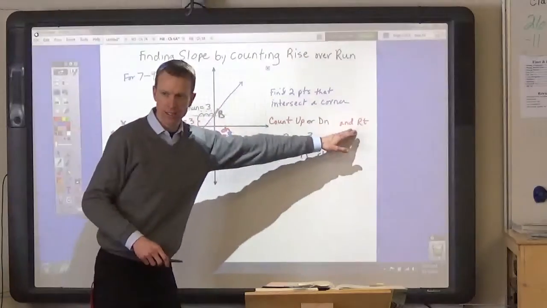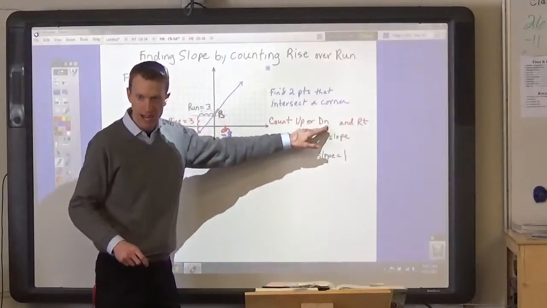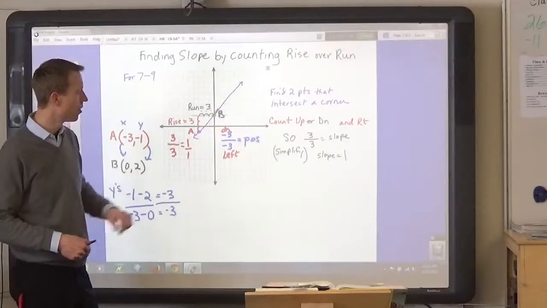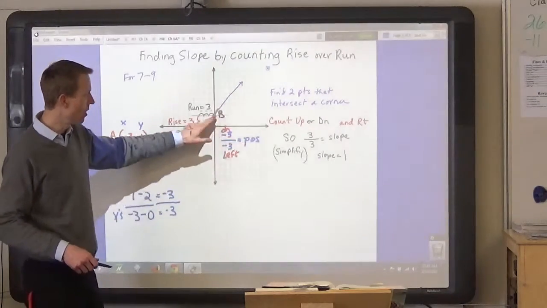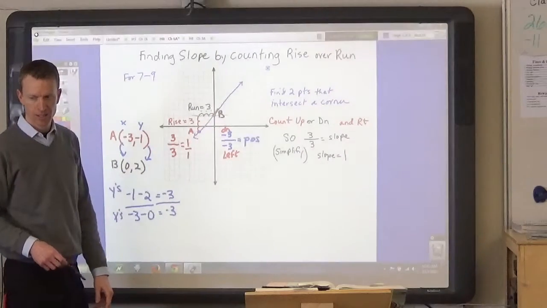Count up and to the right if you're going to go that direction. Or if you're coming down, you need to count down and then to the left. You don't want to count down and to the right. You have to go either down to the left or up and then right. Okay?